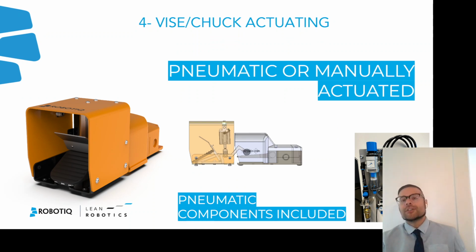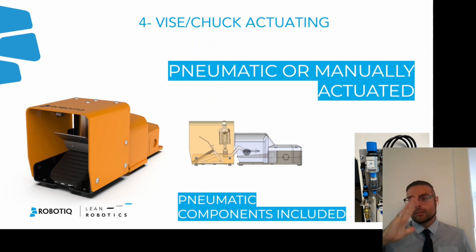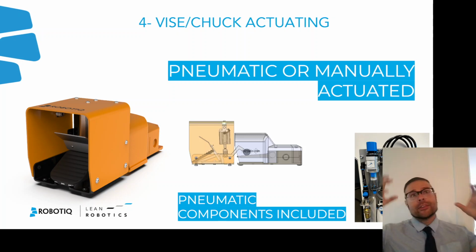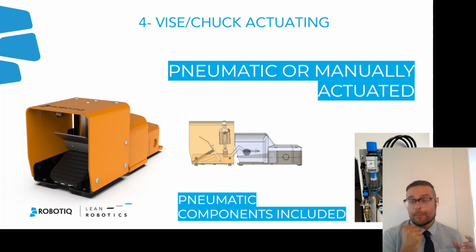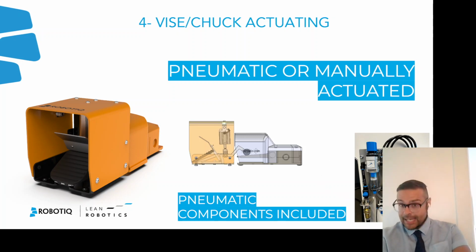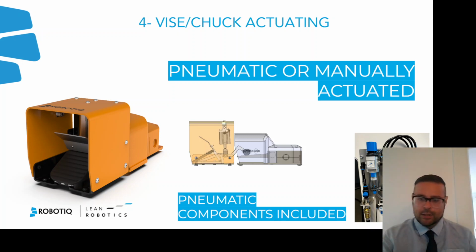And then that chuck or that vise might need a pedal to be actuated. So if a human operator has to push a pedal, we had to find a way that the robot could push the pedal. So this is why we came up with this pneumatic pedal pusher, actually. So again, it uses compressed air. Everything that you need air-wise is included: valves, manifolds, tubing, and whatnot.